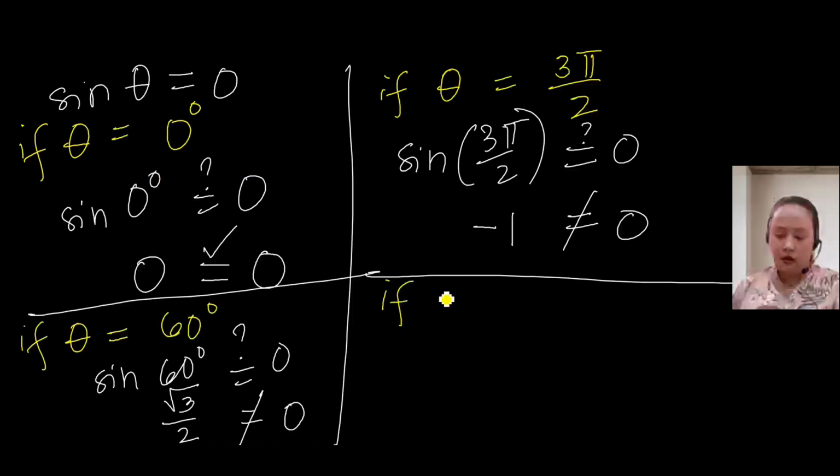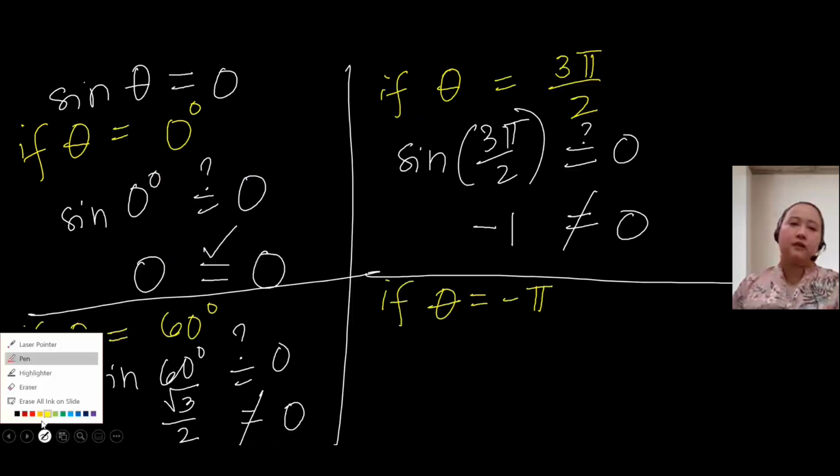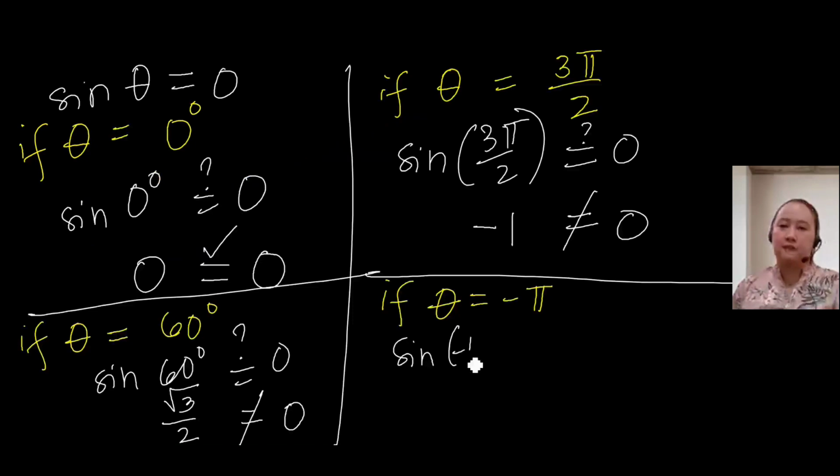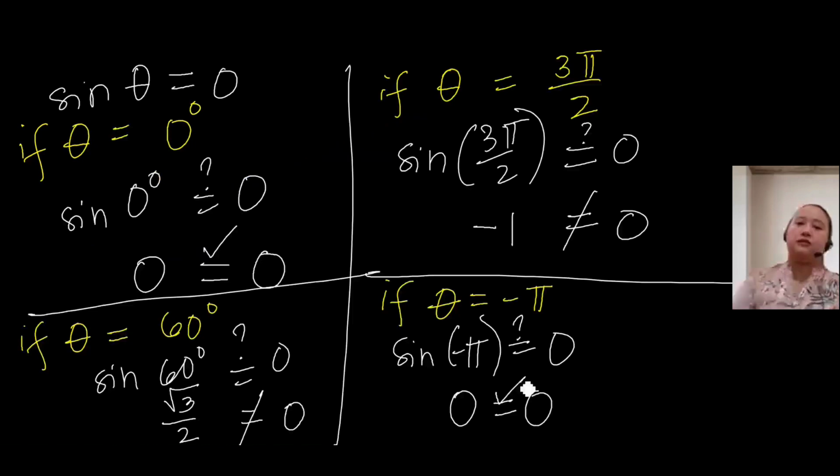So if theta is equal to -pi, we have sine of -pi. Do you think this is equal to 0? The sine of -pi is 0. So is it equal to the right side? Yes. So this is an example of a conditional equation.